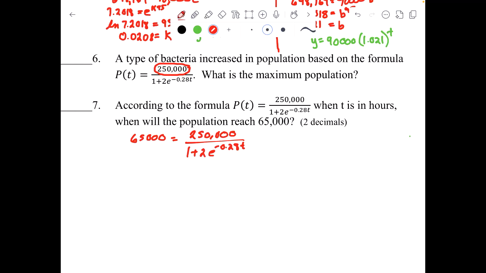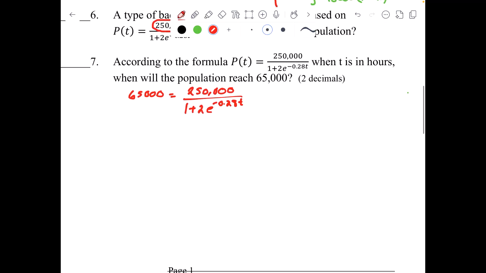Next, I'm going to multiply by my denominator and divide by the 65,000. So that's going to be the 1 plus 2e to the negative 0.28t power. That's going to be equal to the 250,000 divided by the 65,000.